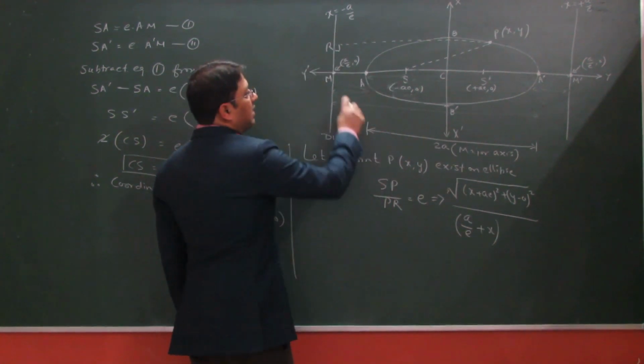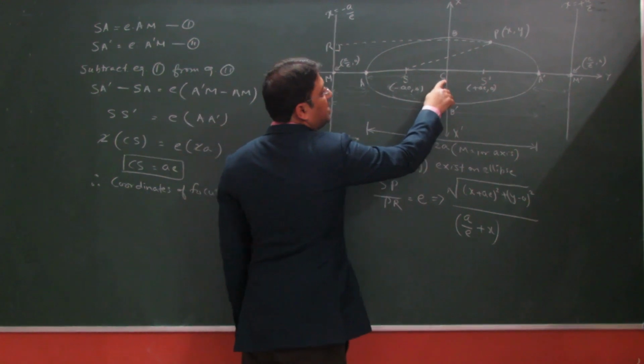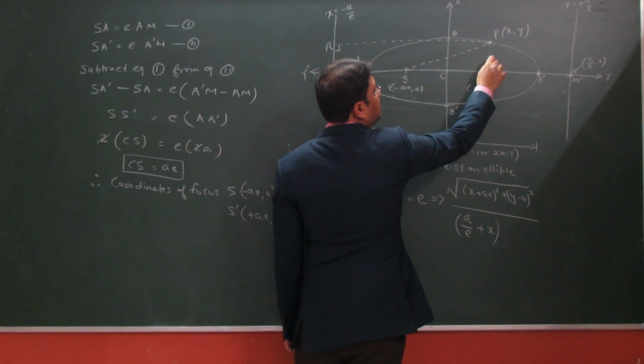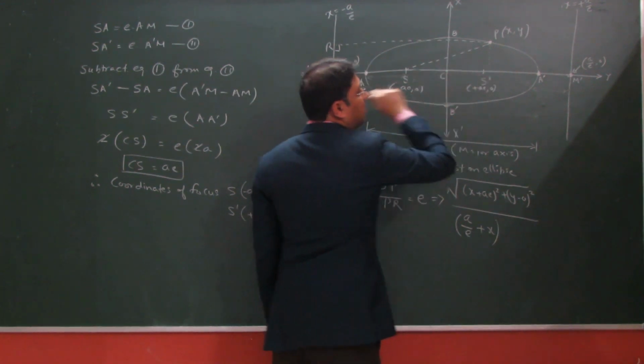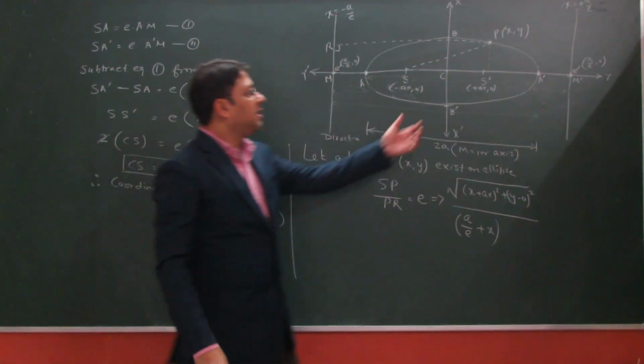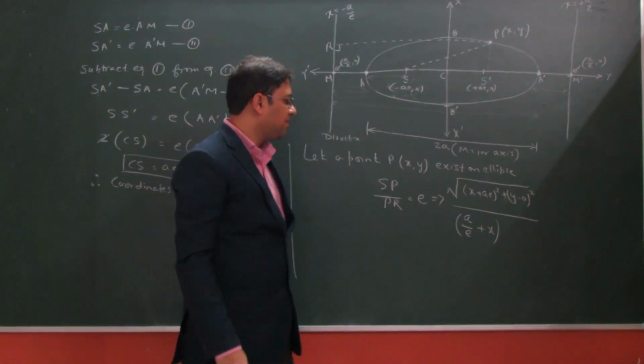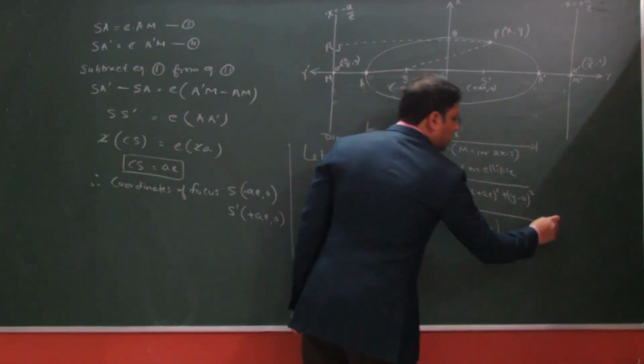Why? Because CM distance is A by E and CP distance is x. So it will be x plus A upon E. That is the PR distance. This is equal to E.